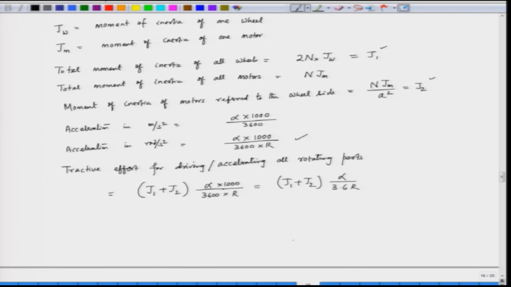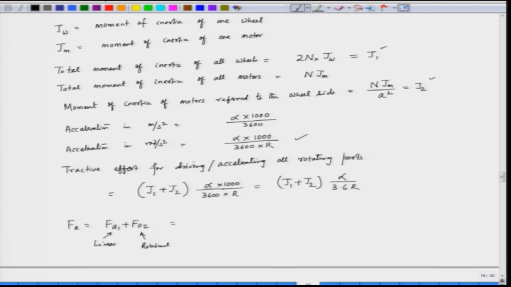So, what about the total acceleration? The total accelerating force FA is equal to FA1 plus FA2. This is for the linear and this is for the rotational.